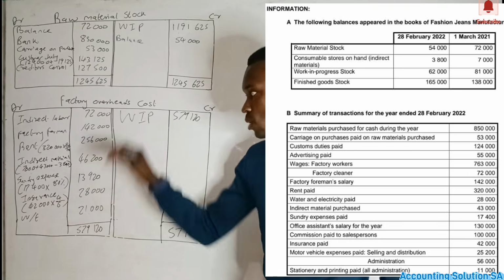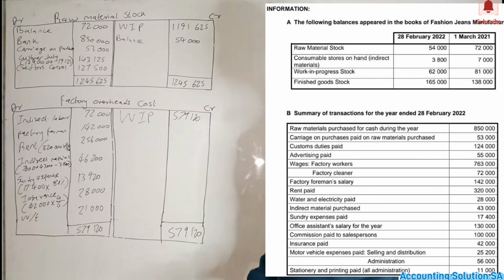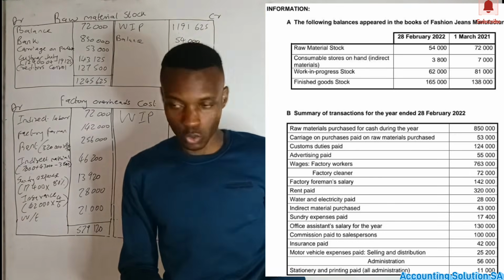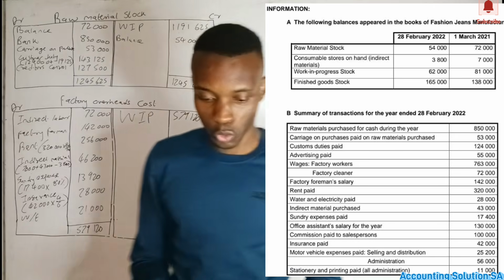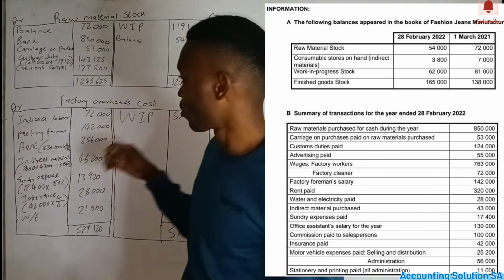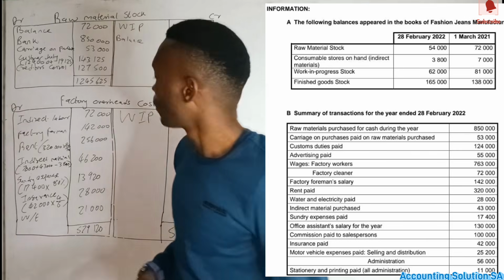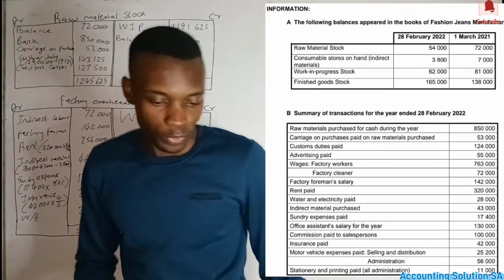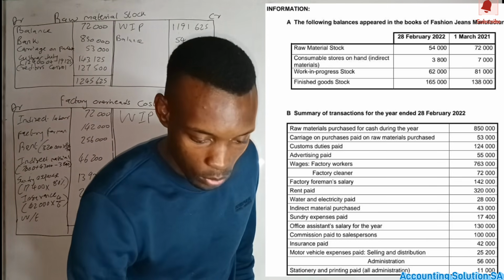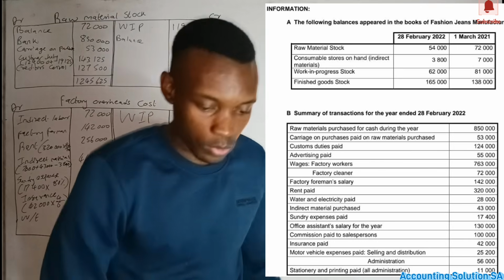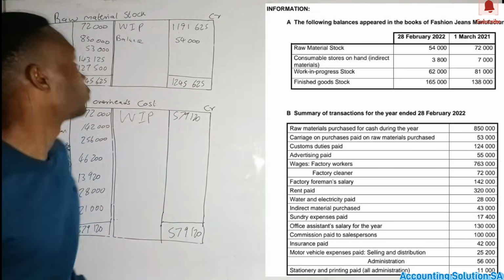We don't have any other transaction under the credit side. So this is how you should prepare your work in progress as well as raw material purchase. We also have another 2 accounts that we have to prepare, which are work in progress and finished goods.